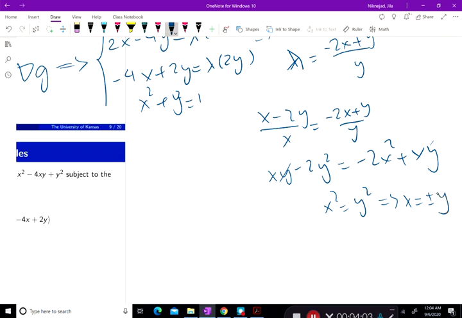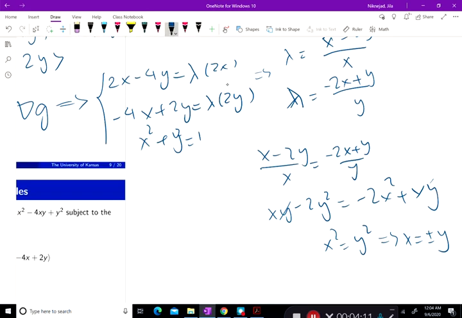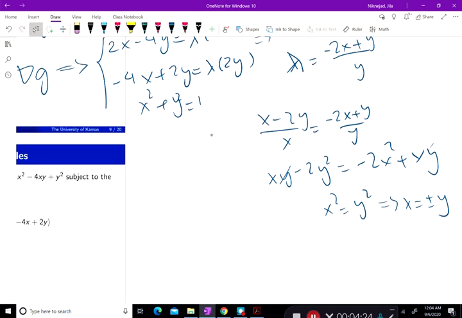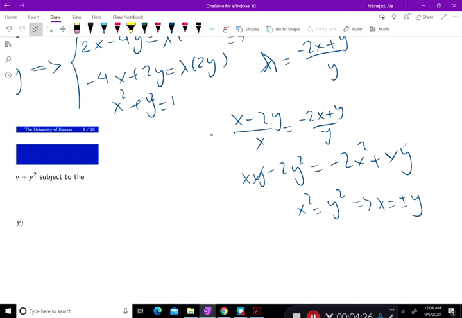Again, this division was possible because even though x and y equal to 0 satisfy the first two equations, it didn't satisfy the last one. When we were doing this problem in 14.7, the origin was part of the problem. Here we're just working on the boundary. So you found x equal to plus minus y.